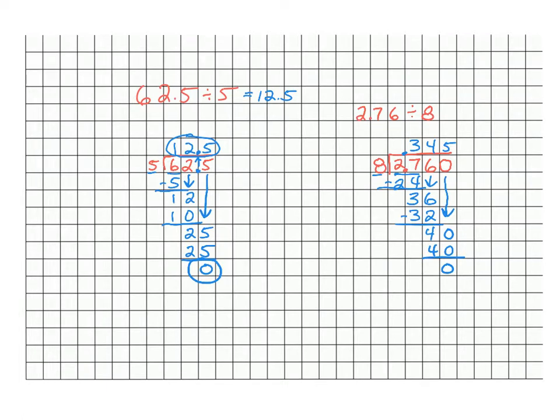So my answer to 2.76 divided by 8 is 0.345. Usually we try to put a number before the decimal point so that the decimal point doesn't get lost, and we know that there is a decimal point there. So 0.345 would probably be what they would have in the answer key in the book.